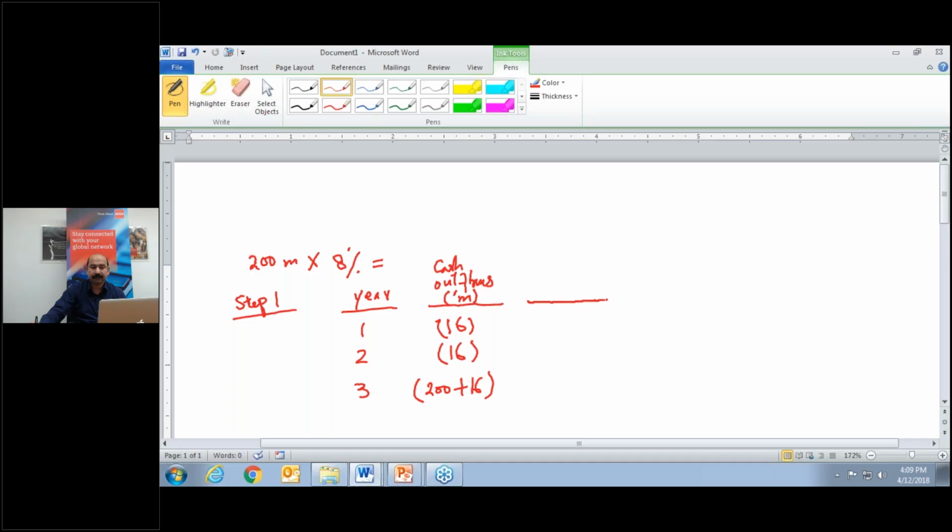Then we shall be applying the discount factor, which is market or effective rate, and that is 11% as given in the question. So first year the factor will be 1.11. Second year the factor will be 1.11 raised to power 2, and the third year factor will be 1.11 raised to power 3.